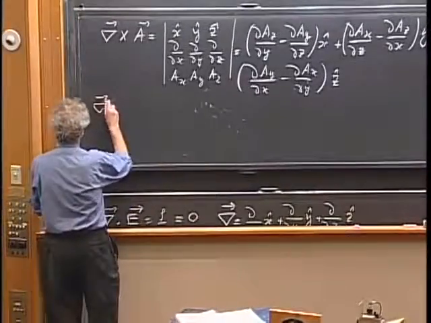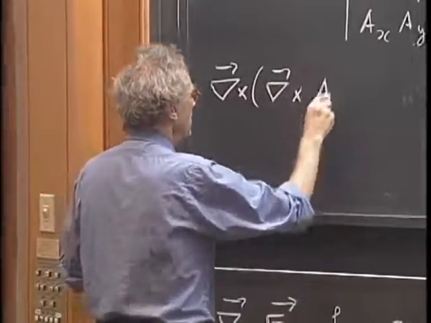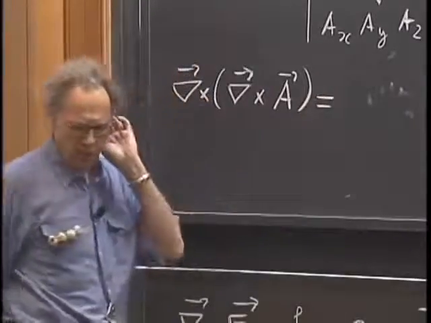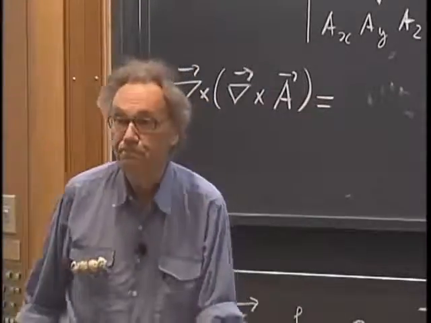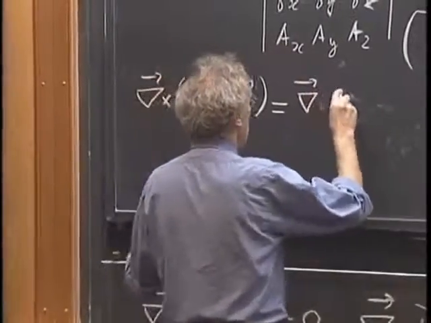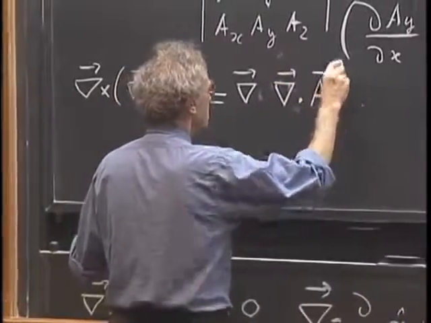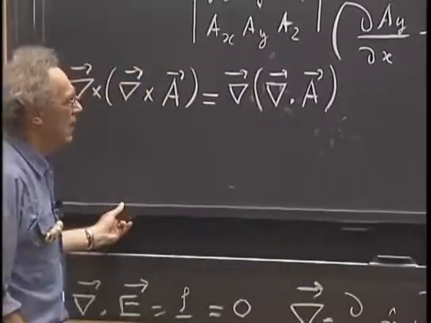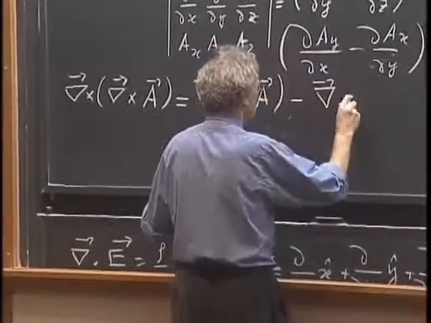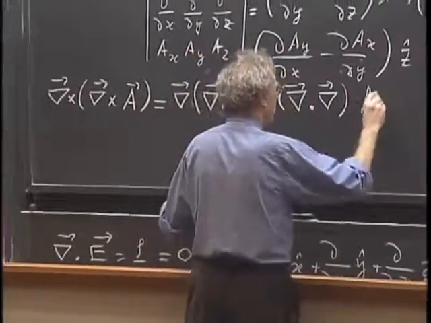The curl of the curl of A, and I will show you the result without proof, is the gradient of the divergence of A minus del dot del vector A.